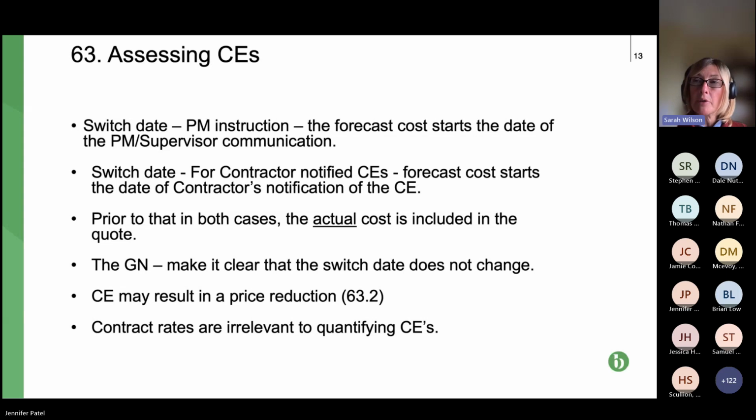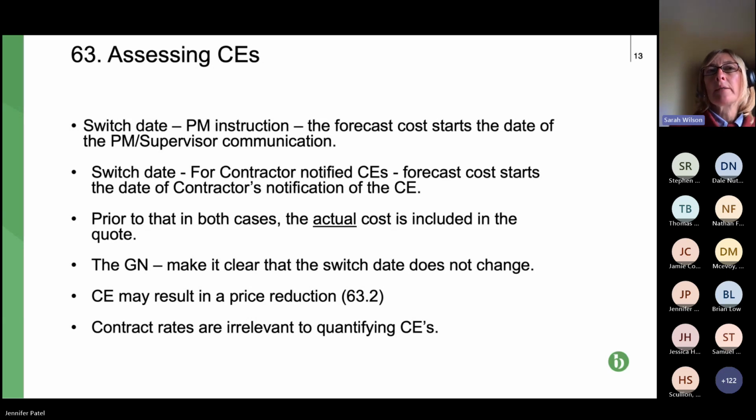So it's not when they notify the CE, it's when they issue the instruction. So I would imagine that there would be very little work that has already been done at that point. I would imagine most of the quote will be on forecasted work, just because the PM has just instructed the contractor to do that work.